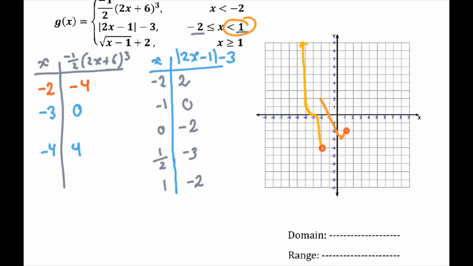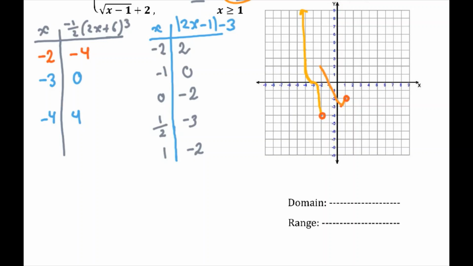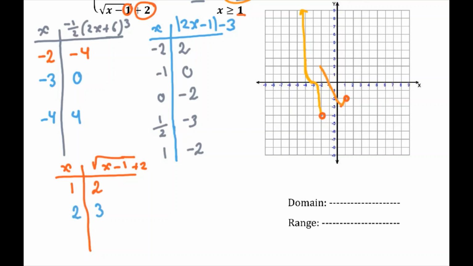Okay, finally, we have a square root function, which is x, a square root of x minus 1, plus 2. Well, 1 and 2 are your h and k, okay? And we are starting at 1, so 1 and 2, that's your first point. Then you can take 2, 3, any point greater than 1, 5 and 4, and then go ahead and draw.